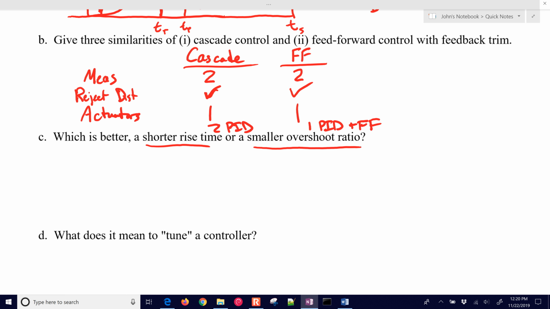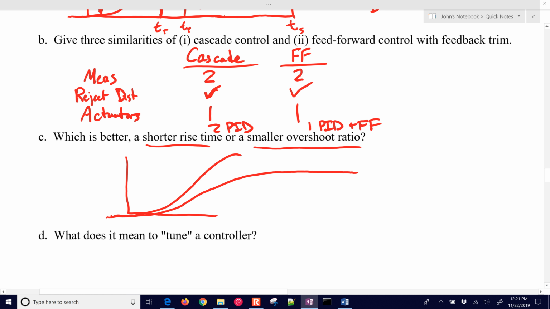Also, a case where a smaller overshoot ratio might be desirable is where oscillation is a concern, such as reactor temperature control, where you would favor a slower response versus something that would get there quickly, because the overshoot might cause runaway or something like that.